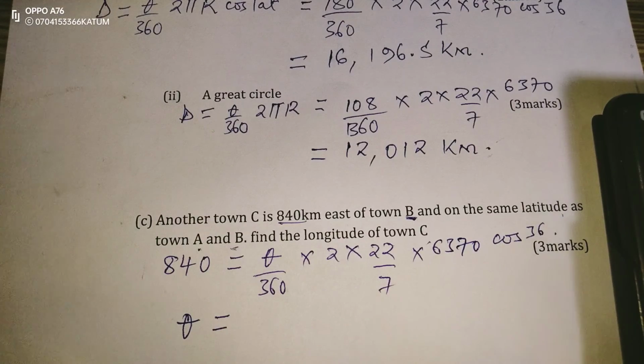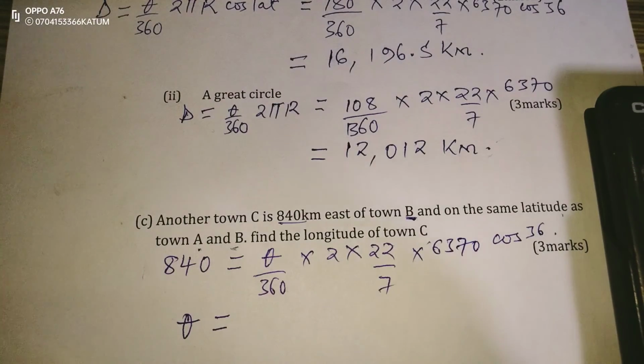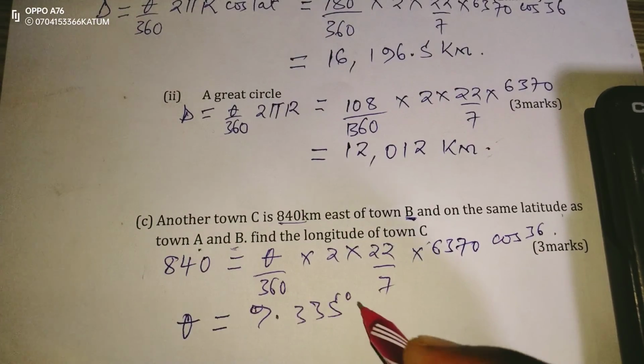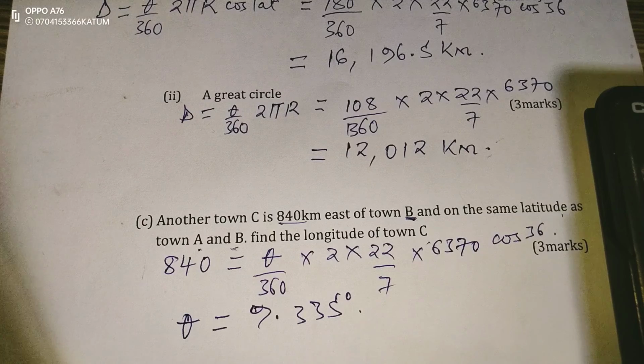Then we divide everything by 22 by 2 by 6370 cosine of 36, and this is going to give us 9.335 degrees.